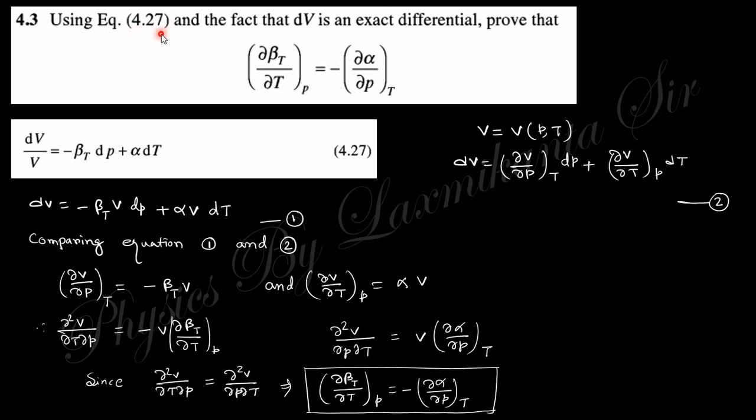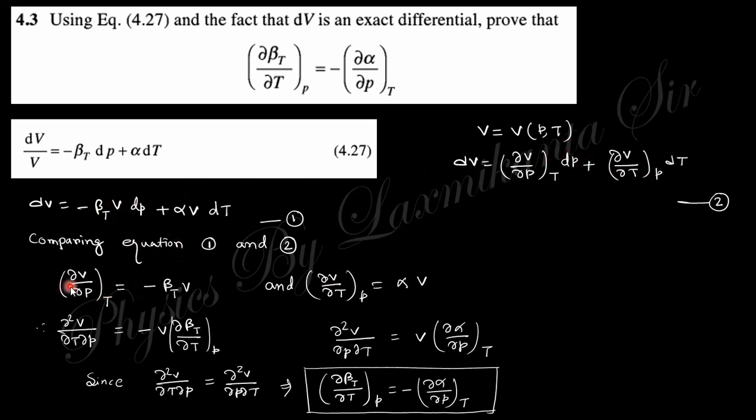Using equation 4.27, that is this equation, and the fact that dV is an exact differential, prove this relation. From here you will find dV equals like that, and V is a function of pressure and temperature. So dV can be written as the partial derivative with respect to pressure times dP, plus the partial derivative with respect to temperature times dT. If you compare these 1 and 2, you can easily find the coefficients of dP are equal and the coefficients of dT are equal.